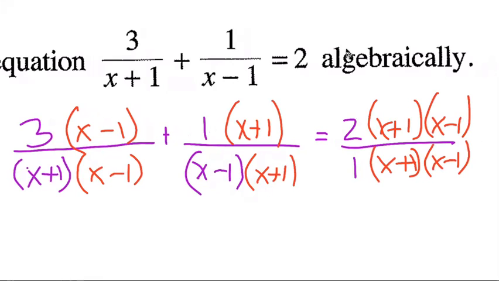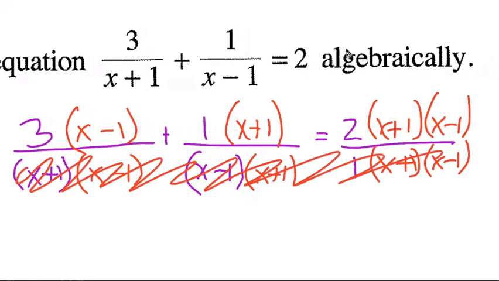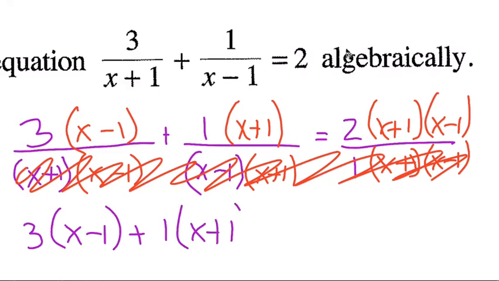Now that my denominator is the same, it disappears. I'm going to rewrite this as an intermediate step: 3 times x minus 1 plus 1 times x plus 1 equals 2 times x plus 1, x minus 1.